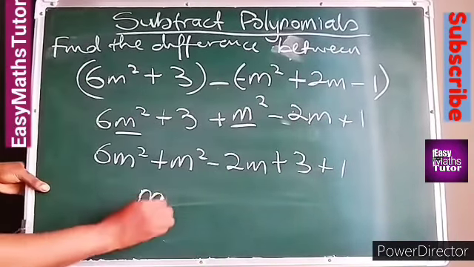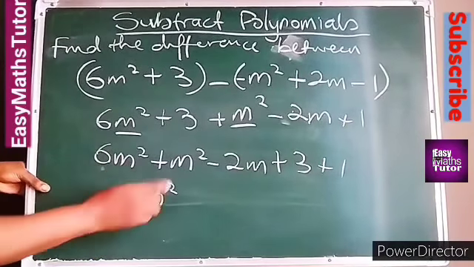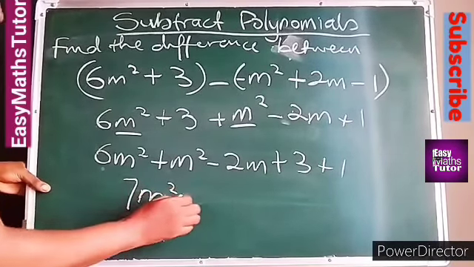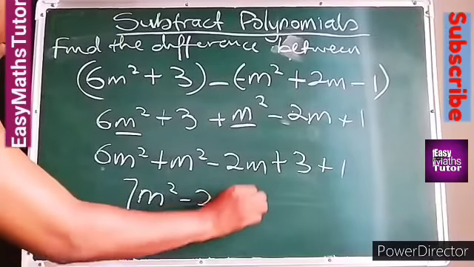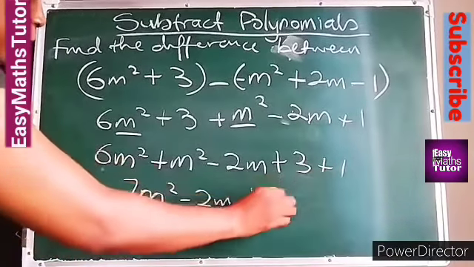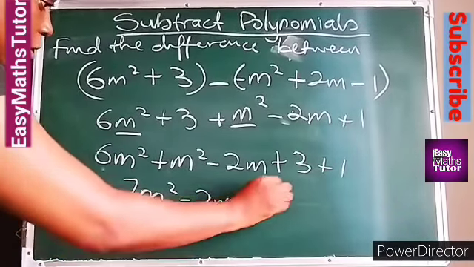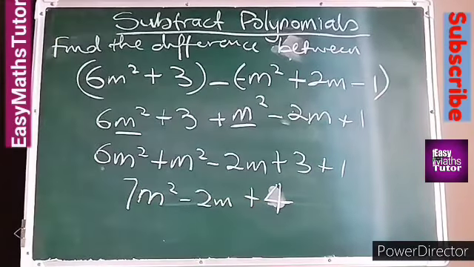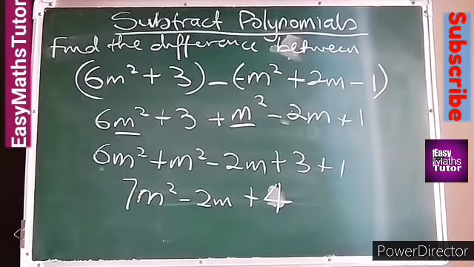Alright? So we'll put m squared here. 6 plus 1 will give us 7. We have 2m minus 2m, which is 0, and 3 plus 1 gives us plus 4. So this is our answer when we subtract polynomials.